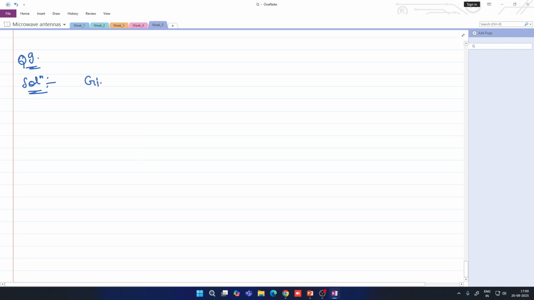So given in the problem, a is 0.5 times lambda and b is 0.25 times lambda, and the flare angle in the E plane, I am denoting this as psi E, 2 psi E is 30 degrees, and in the H plane 2 psi H is given as 50 degrees.